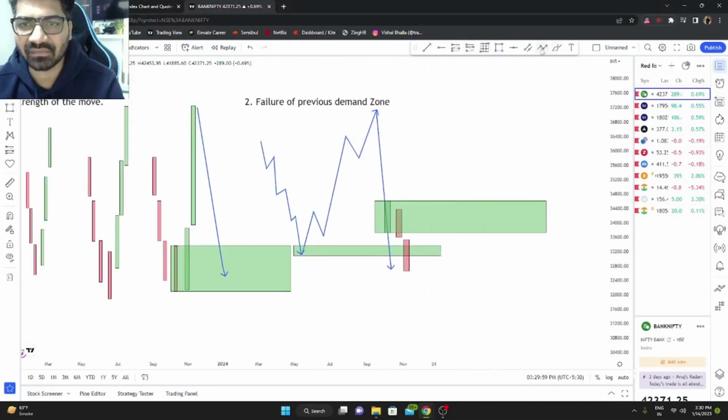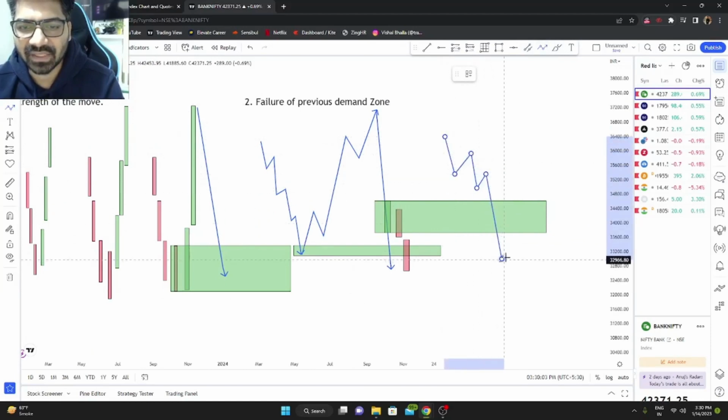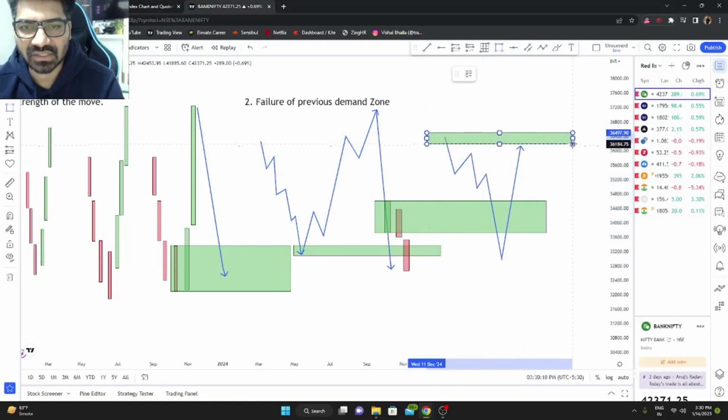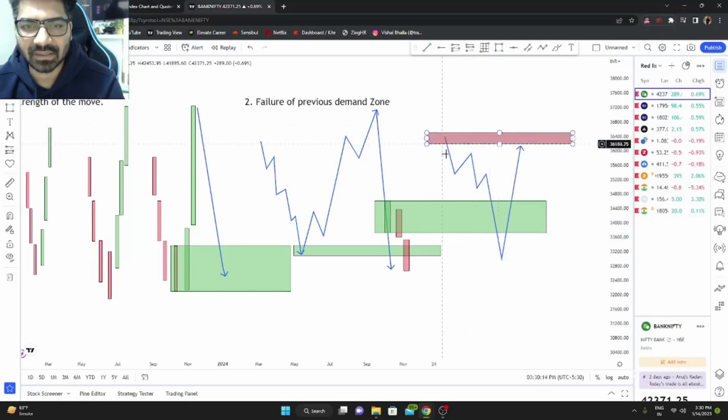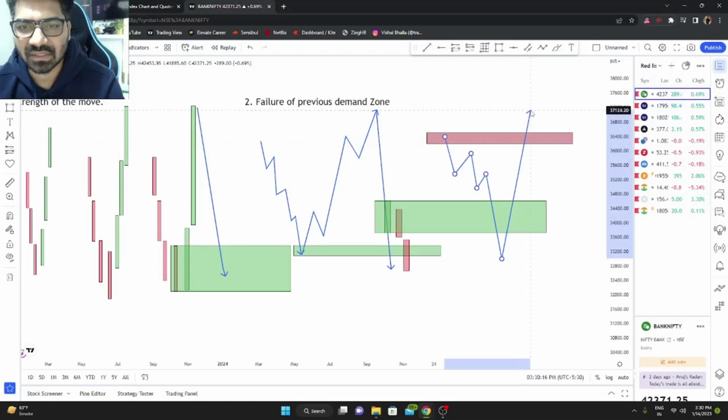Likewise, if the market is moving down like this and we have an up move, right? So basically this was the initiation of this supply area, but what happens is it fails.